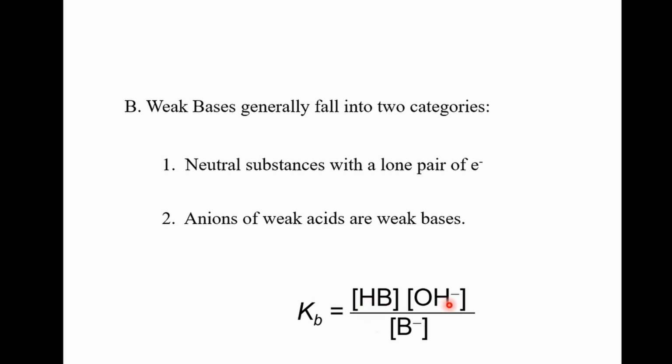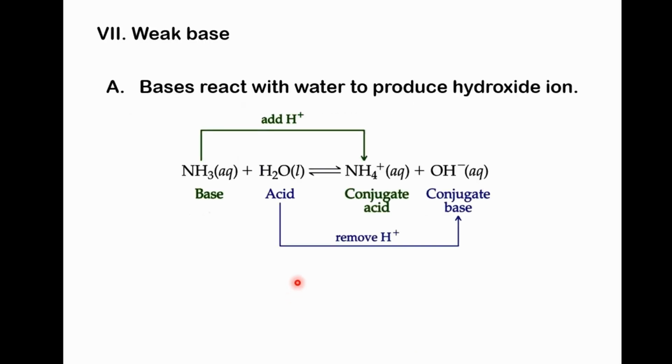And so here are our products in water. We get the protonated base and hydroxide, and it says anions of weak acids are bases, and that's what's depicted here. Like if I had sodium fluoride, fluoride has that negative charge. So I'm going to come back here real quick and say here's a base, and here is its conjugate acid.